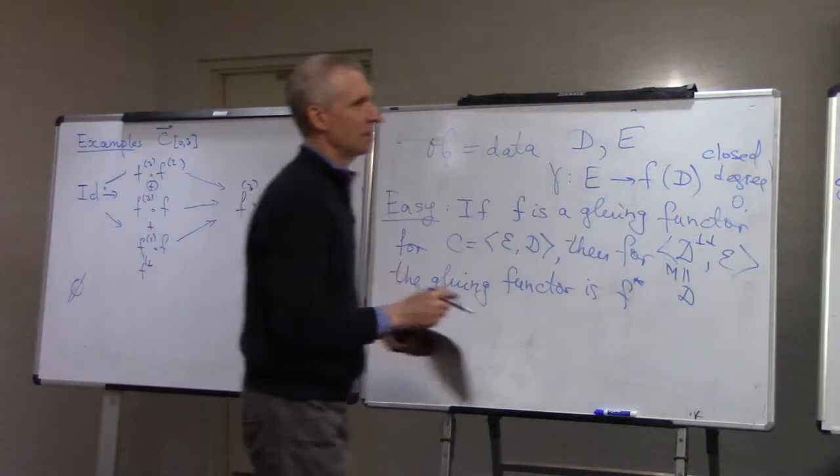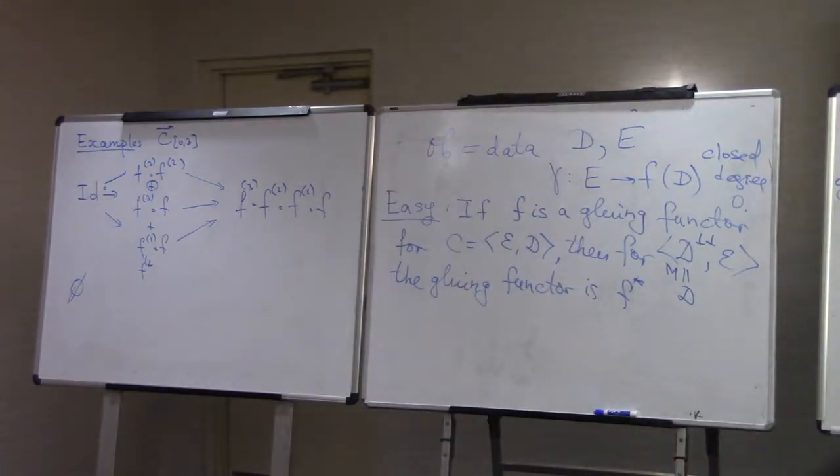For the other one, it is the other adjoint. So this gives F, this gives F right adjoint, this gives F left adjoint, and so on.